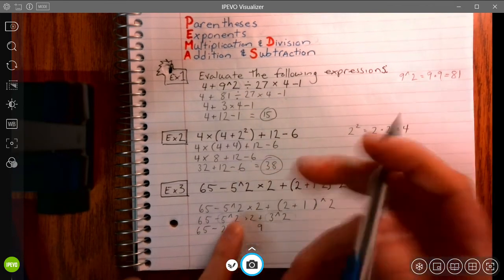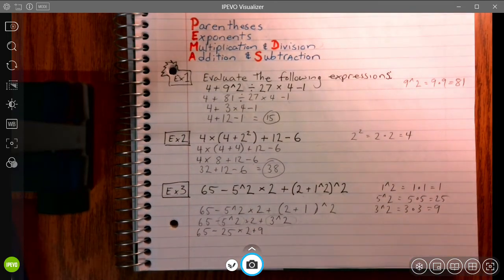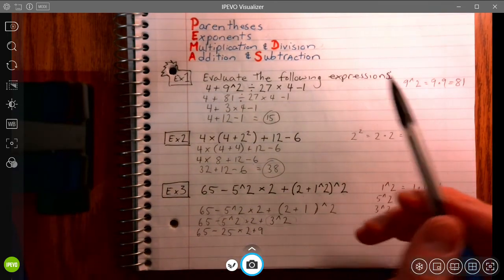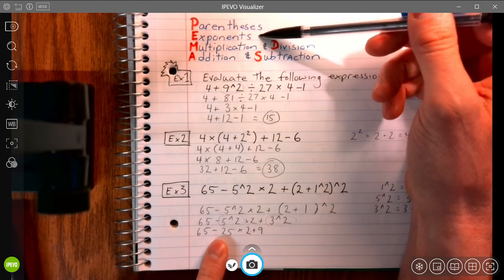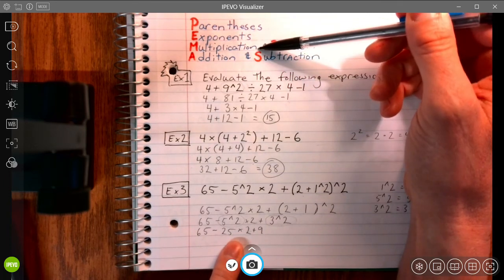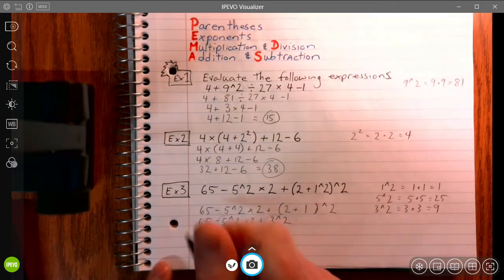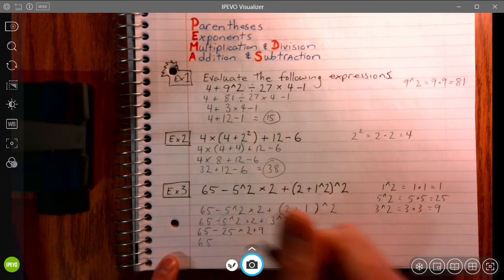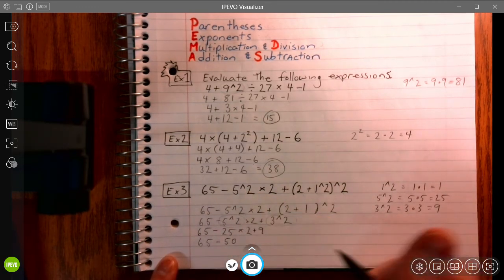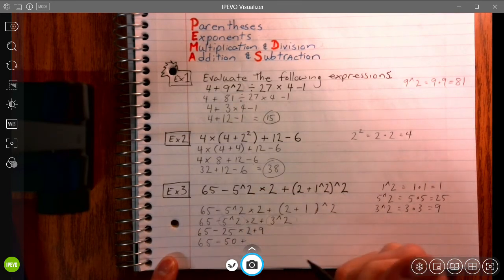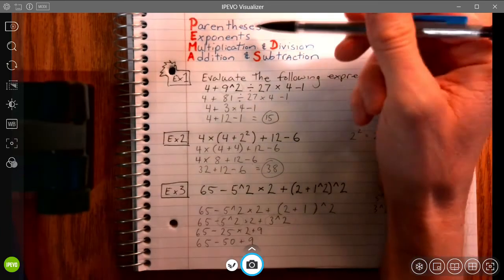That should have been a 2 right there, plus 9. There we go. I thought that looked kind of funny for a second. So, going back to the expression, do I have parentheses? Nope. Do I have exponents? Nope. Do I have multiplication or division? Sure do, right there, 25 times 2. I have 65 minus 25 times 2. Well, 25 times 2 is 50, and then plus 9.